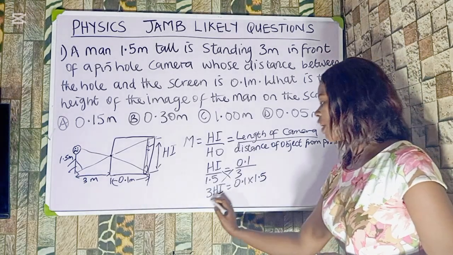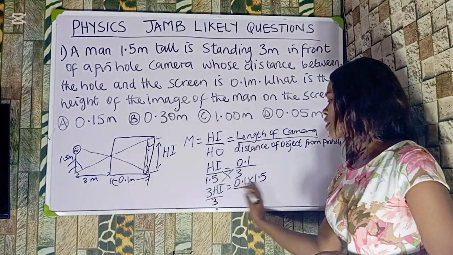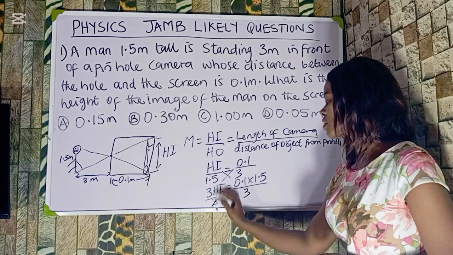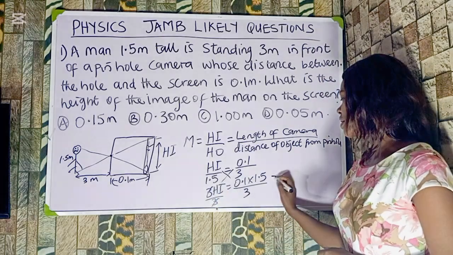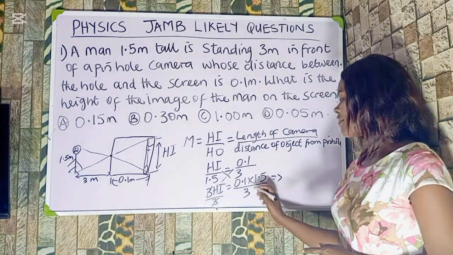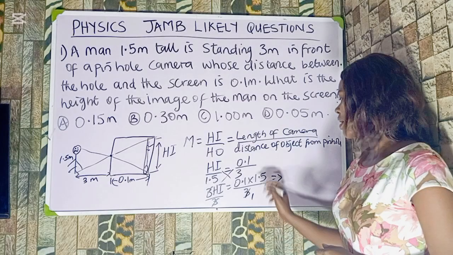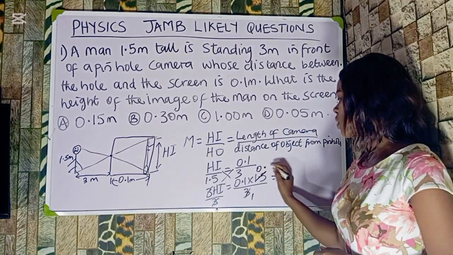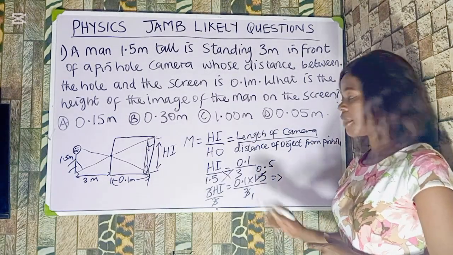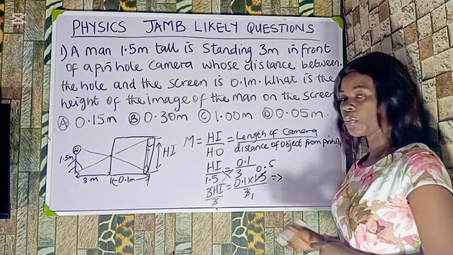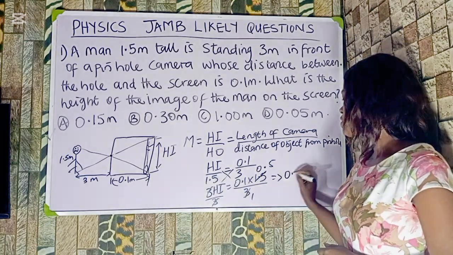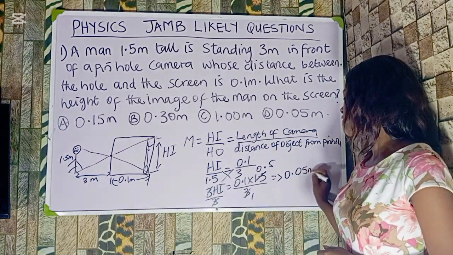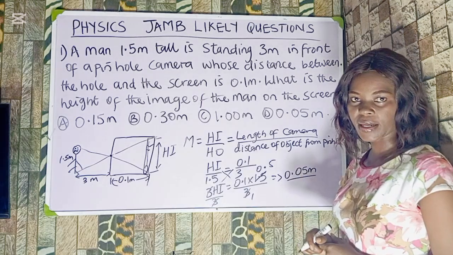I divide both sides by the coefficient of the height of image. Then what do I have? 1.5 divided by 3 is 0.5, and by the time I multiply by 0.1, the answer becomes 0.05 meters. Is that clear?